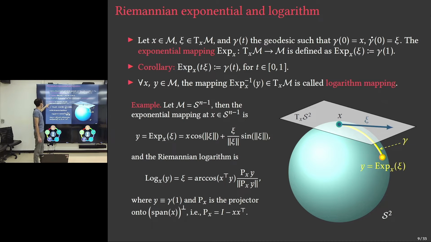We have already seen that in some cases we have explicit expressions for both of these mappings, like in the case of the sphere, which is depicted here, where we have an explicit expression both for the exponential mapping and for the Riemannian logarithm. This is not always the case, as we have seen last time for the Stiefel manifold.